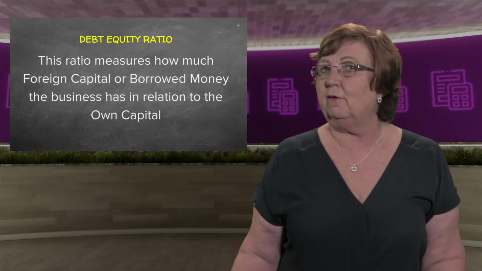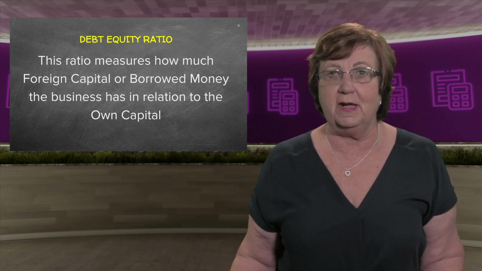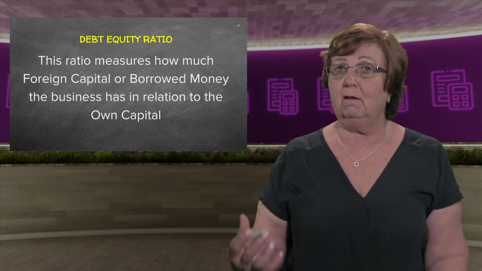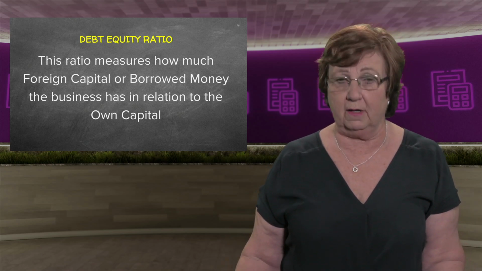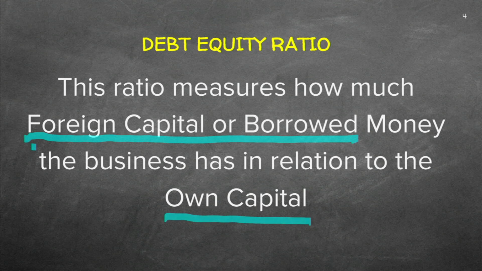What are we measuring? Remember, I said to you that the ratios all are a form of measurement. So we're measuring loans versus own capital. Loans can also be called foreign capital or borrowed money, and the shareholders' capital is known as own capital.